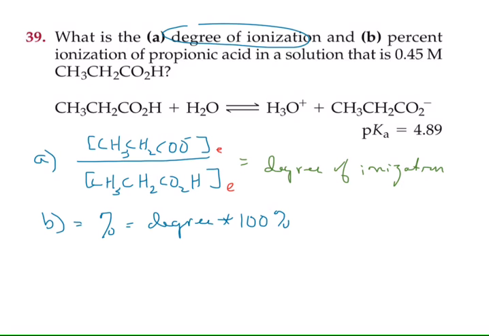Now this one, actually 39, is a little bit different because it asks for, sometimes students don't know what do you mean by degree of ionization? So, degree of ionization I kind of showed you for A. It means, in this case, how much of the conjugate base, the polyatomic anion over there, you're going to get as molar concentration relative to the unionized stuff.